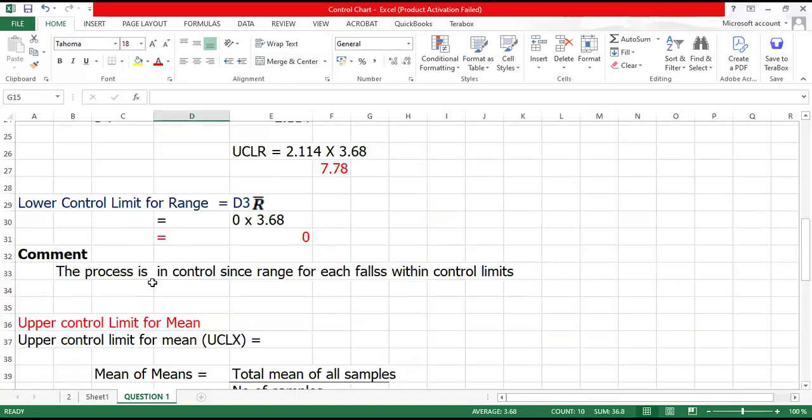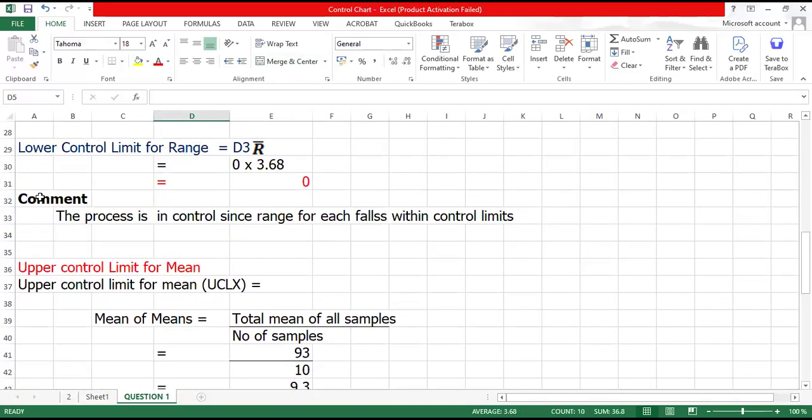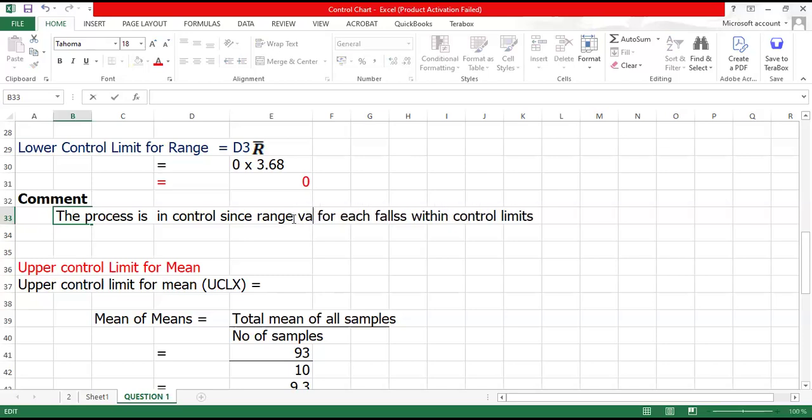So the comment you put, you say that the process is in control since all range values for each sample fall within the control limits.